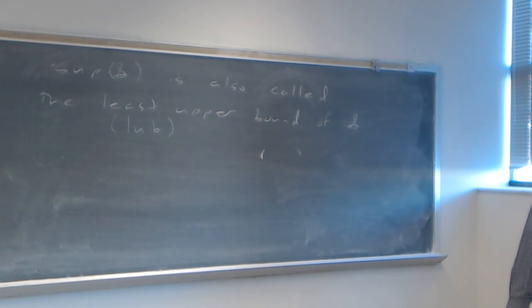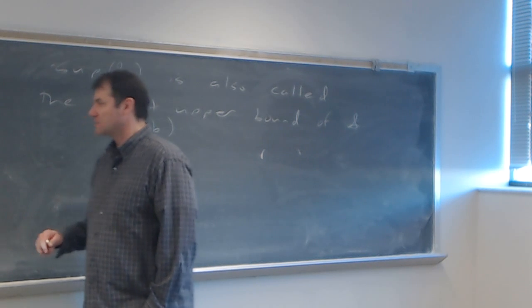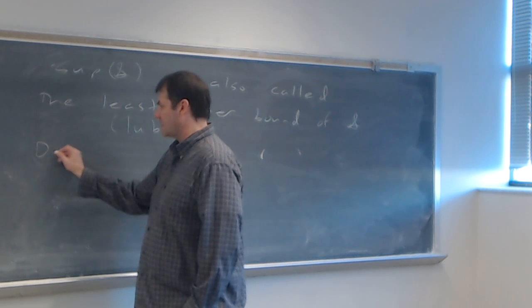Well, if we have a supremum, we can have something analogous to it involving, instead of the upper bounds, the lower bounds, and that's called an infimum. So let me write down its definition.